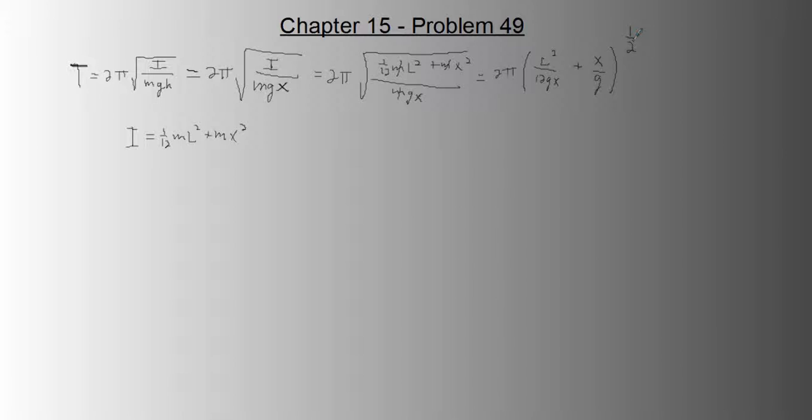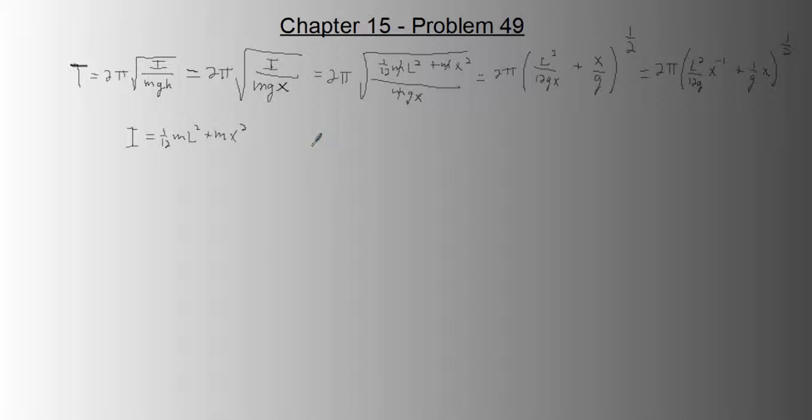Actually, I'm going to do this differently than I did it, because I used the quotient rule, which it looks like I don't have to. This is L squared over 12g x to the negative 1 plus 1 over g times x, all to the 1/2.